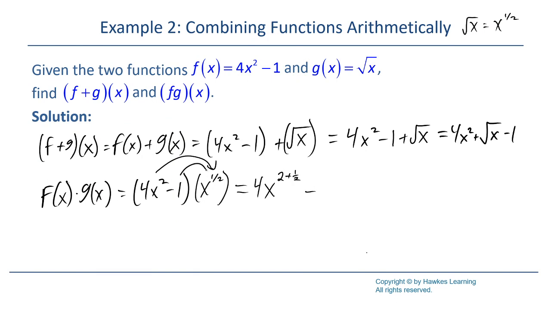And then minus, well, just minus x to the 1/2. So this would be 4x to the 2 plus 1/2 minus x to the 1/2, which is going to equal 4x to the 5/2 minus x to the 1/2. And that's the better way to leave that.